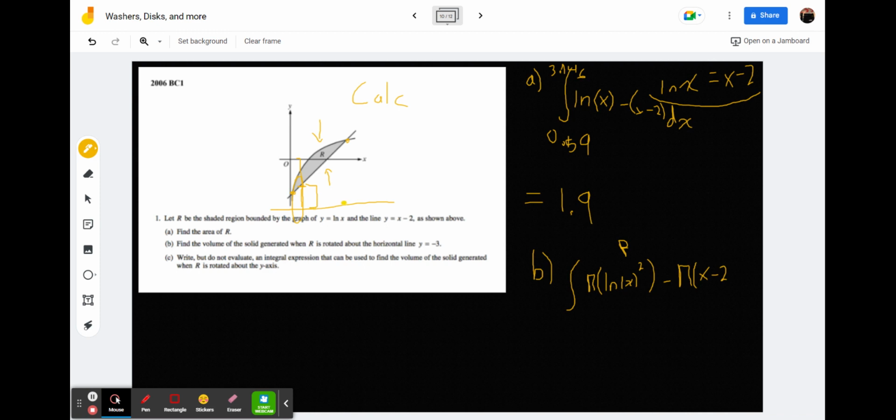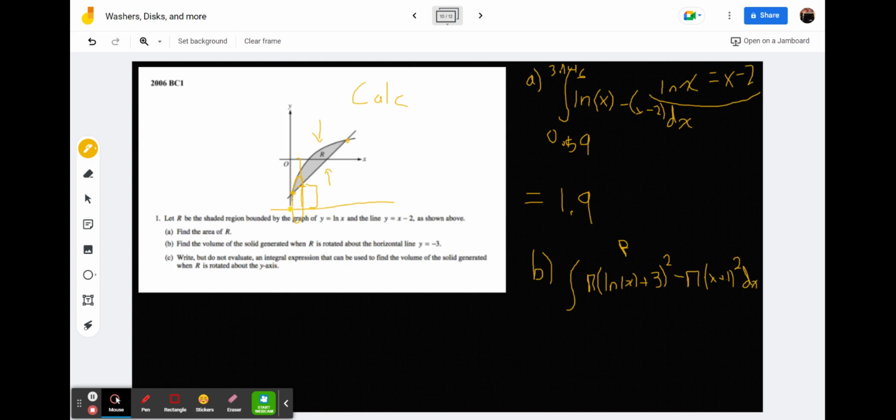What that means is we need to add 3 to our radii. So it's pi ln x plus 3 squared minus pi, and x minus 2 plus 3 is just x plus 1, squared, dx.